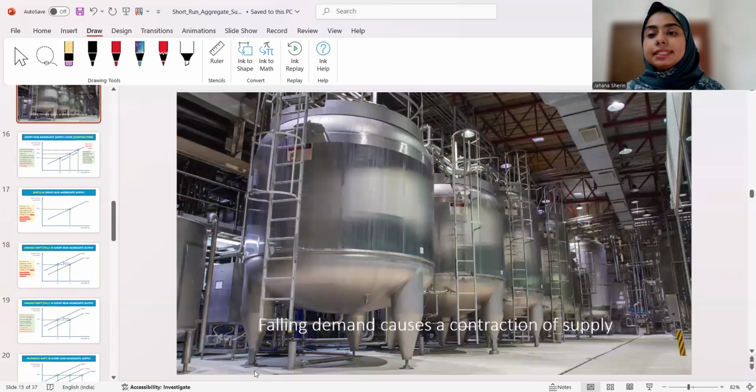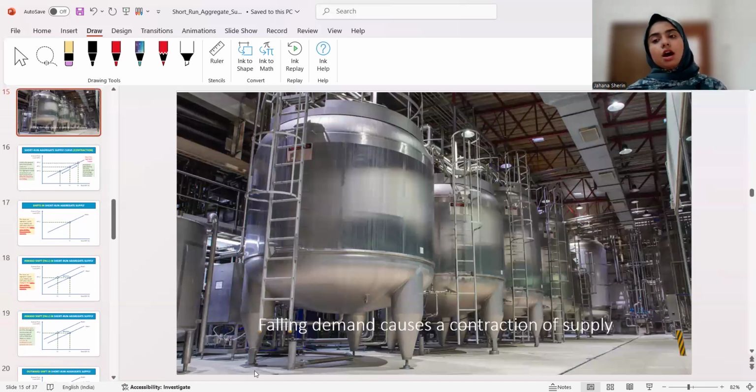So next we want to discuss the shift in the short-run aggregate supply curve. So far we have only discussed movement along the short-run aggregate supply curve, where extension and contraction happen because of a change in general price level. But other than price, there are some other factors which also influence the short-run aggregate supply curve.